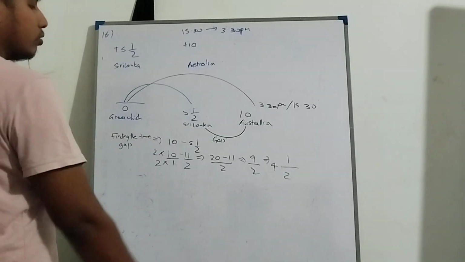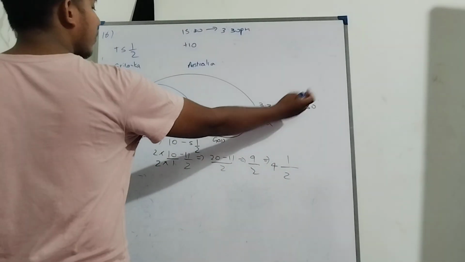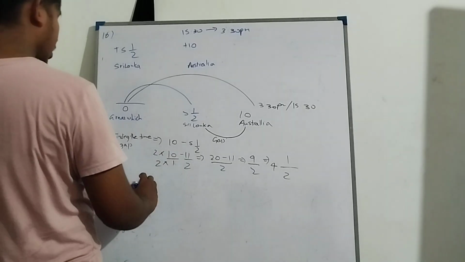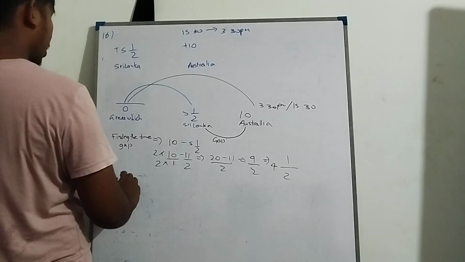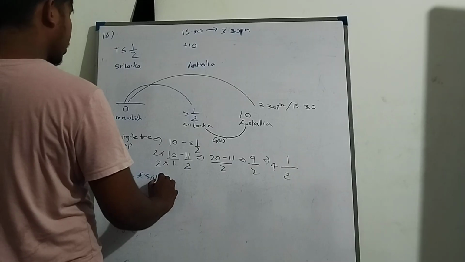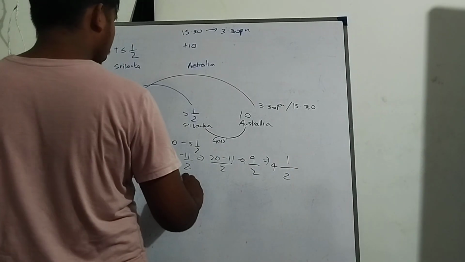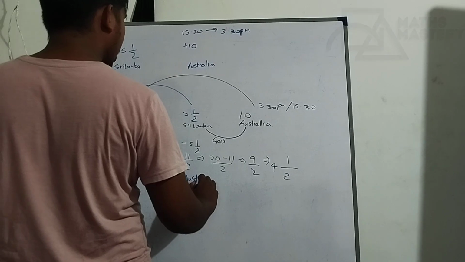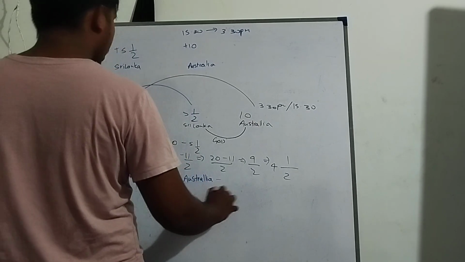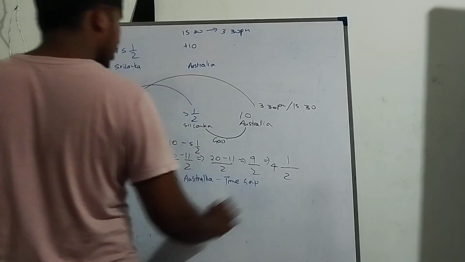So what you are going to do is subtract 4 hours and 30 minutes from 15:30. Time of Sri Lanka equals Australia time minus the time gap.